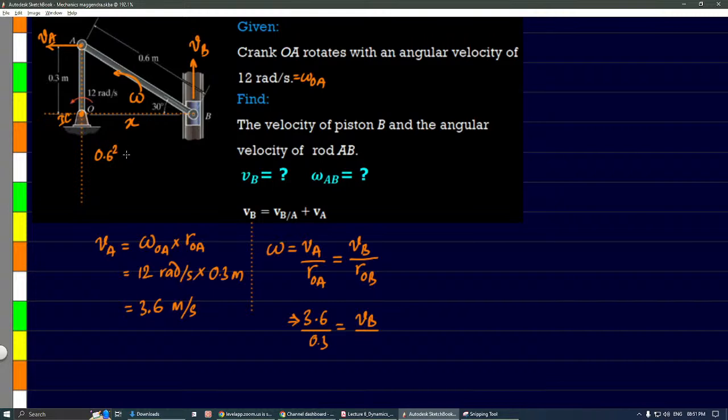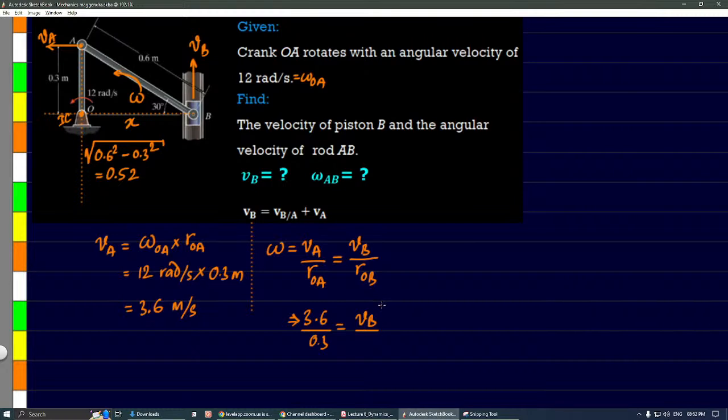What do we get? 0.52, after taking the square root.